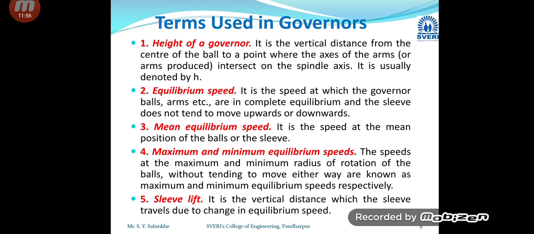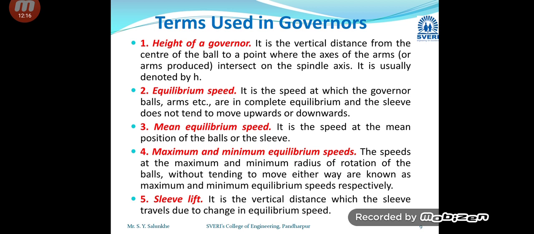The speeds at which these conditions are achieved, without tending to move either way, are known as the maximum and minimum equilibrium speed. These definitions are very important because they may be asked in the exam.